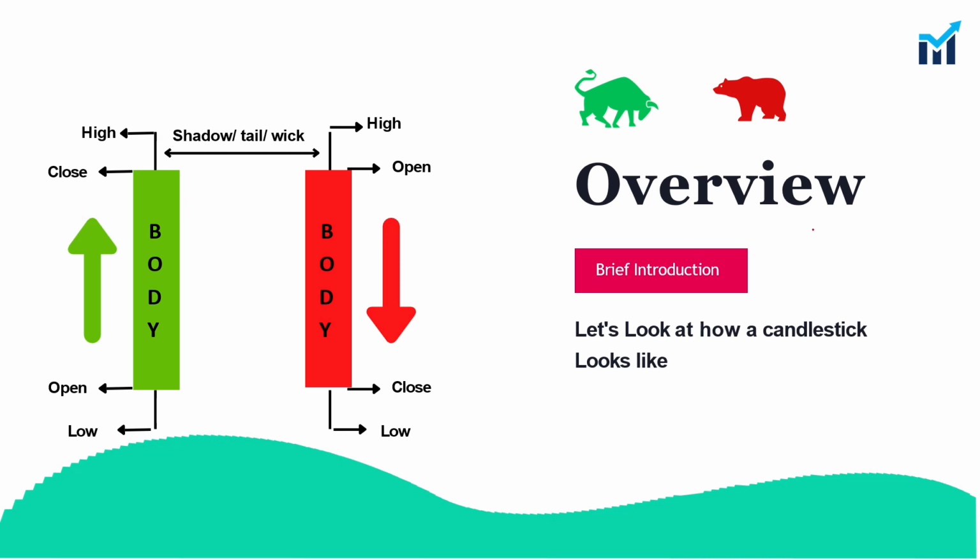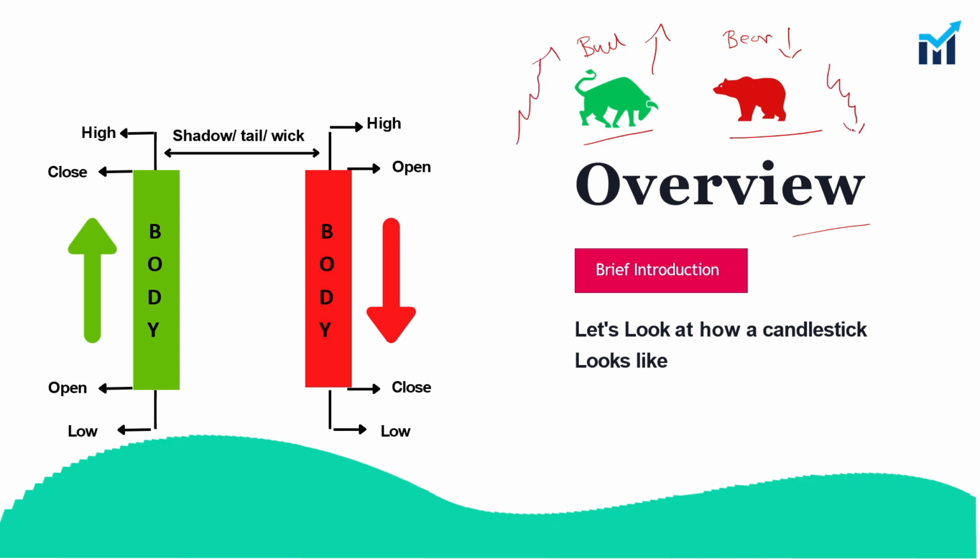So this is an overview of a candlestick chart. The green one we call a bull, and the red one we call a bear. Bull means the price is going upwards.